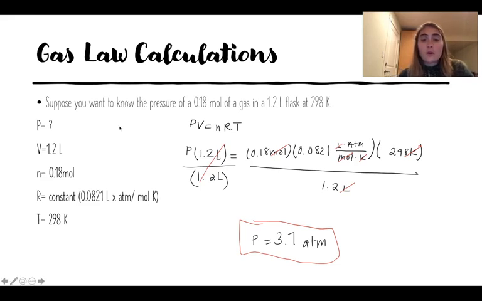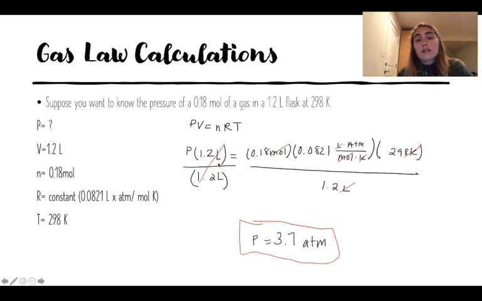My volume is 1.2 liters, it tells me that. My moles are 0.18. My constant is given to me, 0.0821 liters atm divided by moles K. And my temperature is 298 K. Now all of these units are already in the correct units.